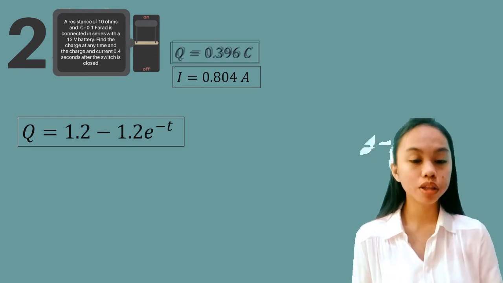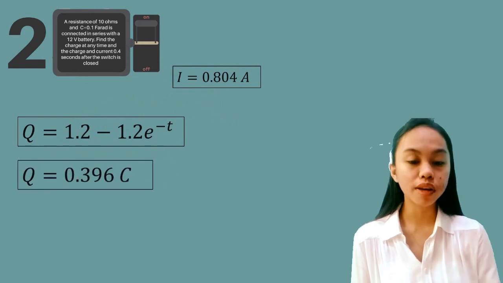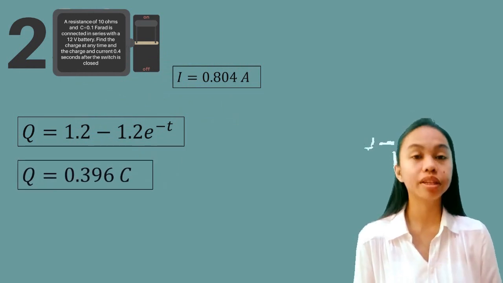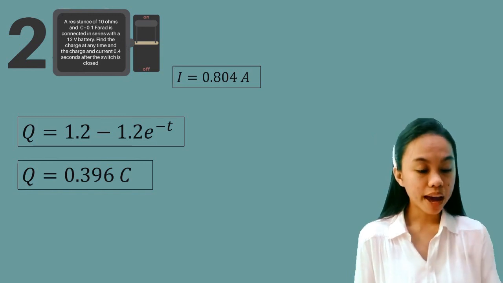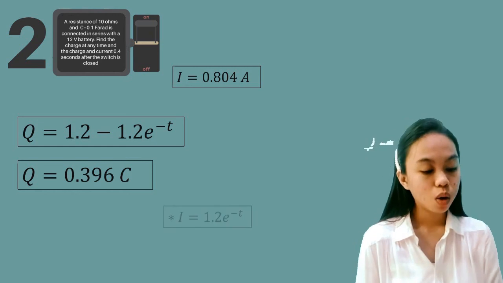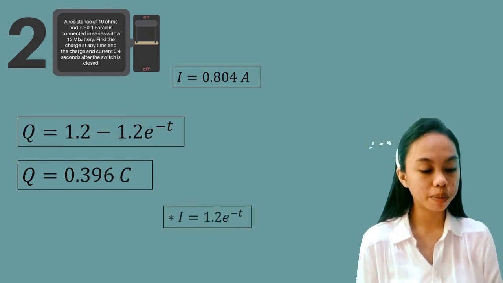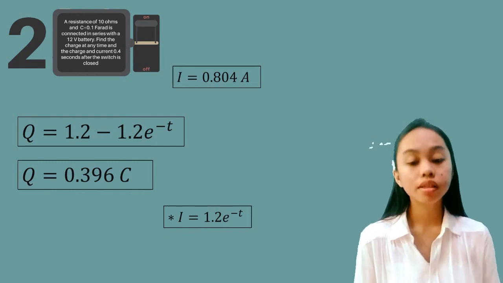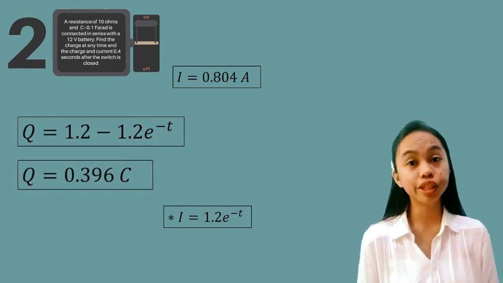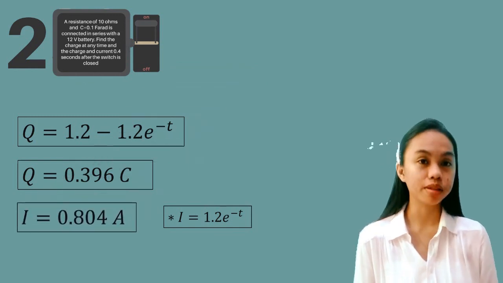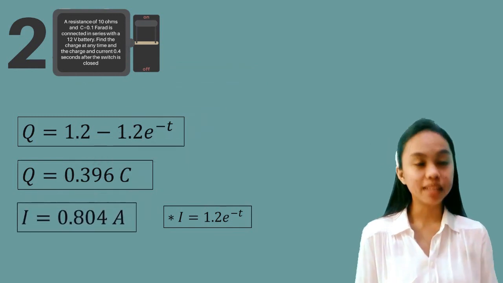And then our charge 0.4 seconds after the switch is closed is 0.396 coulombs. And then our current at any time is 1.2 e raised to the power of negative t. And then our current 0.4 seconds after the switch is closed is 0.804 amperes. And that is our final answers.